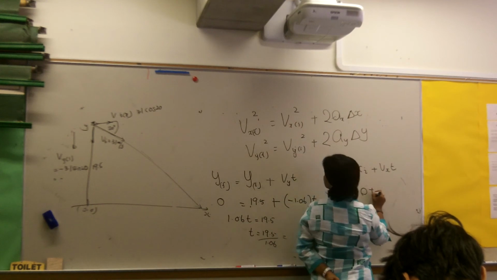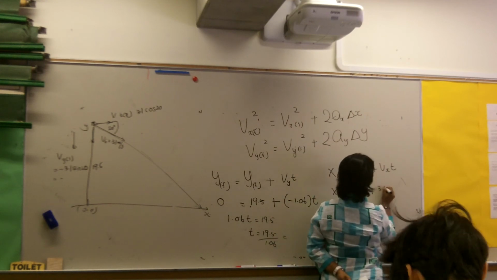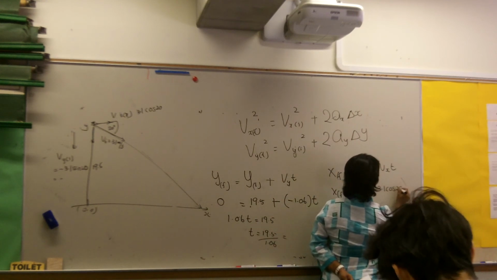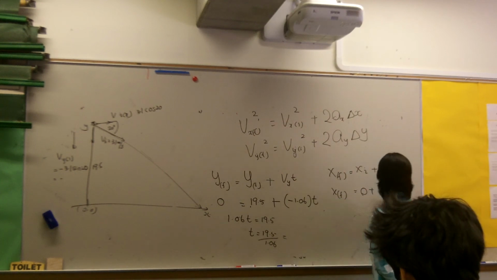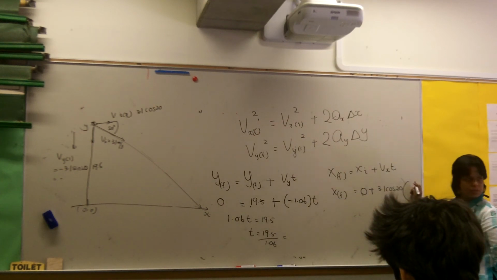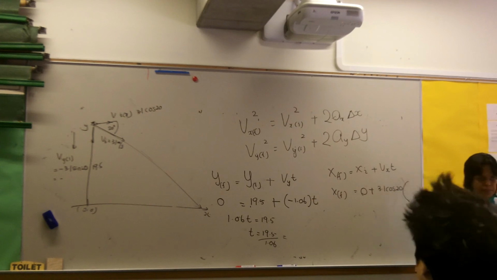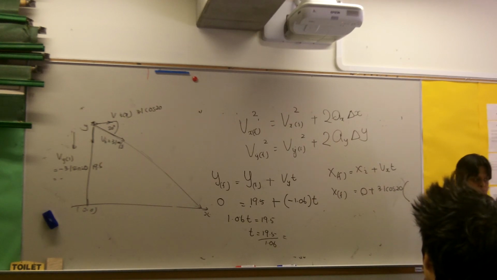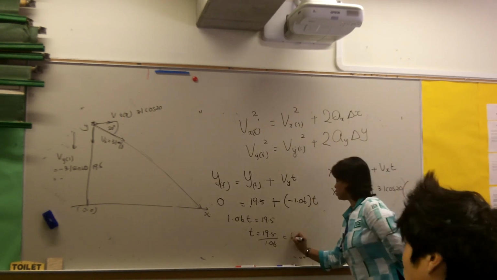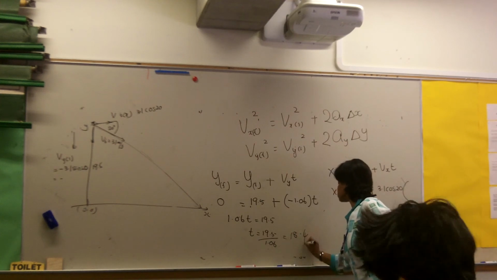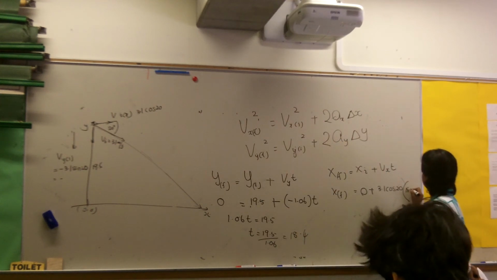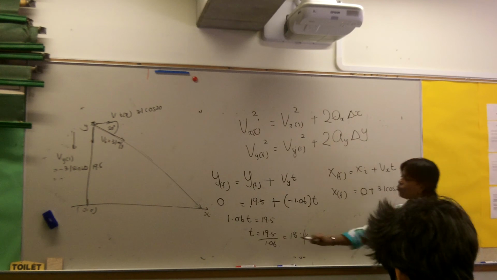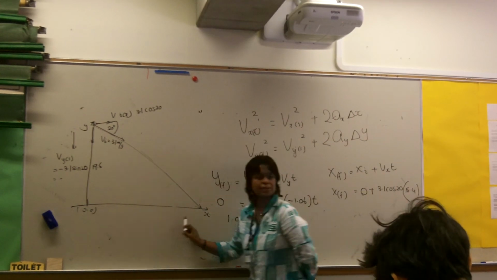What is vi? 3.1 cosine 20. T is going to be whatever value you got. What is your t? 18.39, 18.4, let's say. So you get how far it moved from here to here.